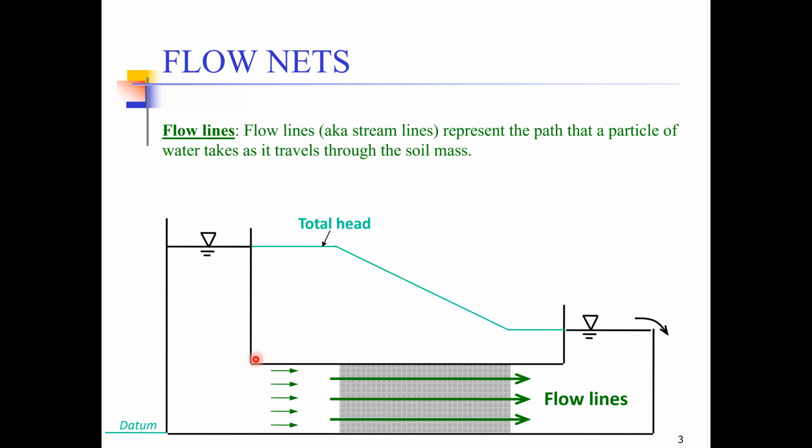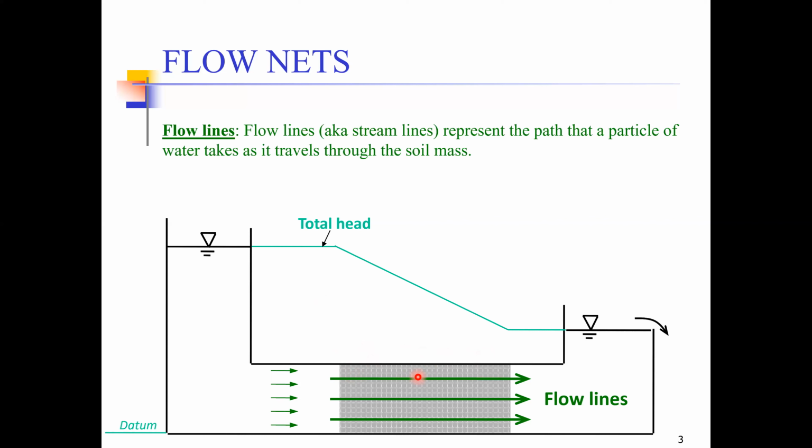For example, from this point to this point, total head is constant at this level. And then once we start entering the soil, the head starts decreasing. This is very obvious from the knowledge you have gained in the previous lectures that whenever water flows through soil, it loses some of its energy.